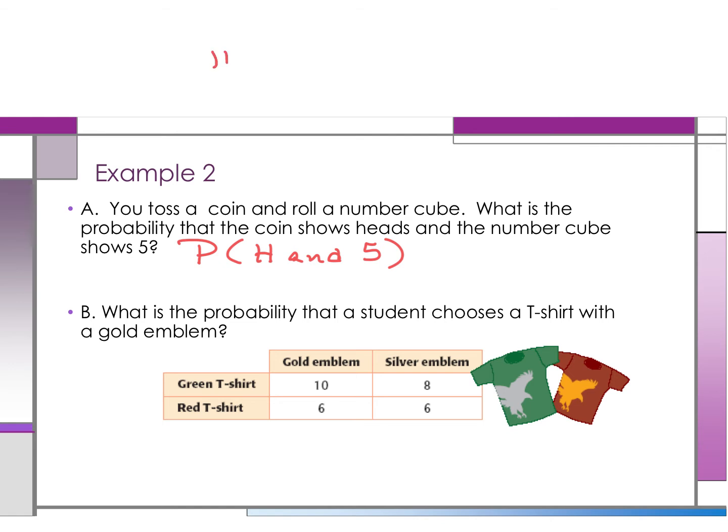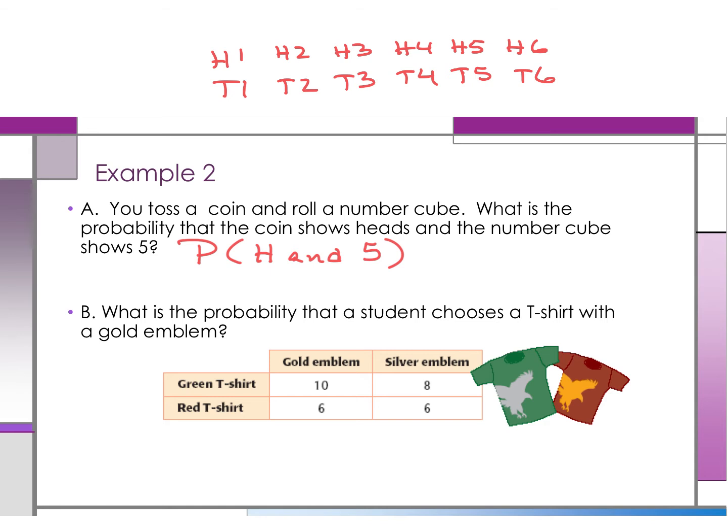It's either a head or a tail, but then we have to also incorporate the number cube. So we know we can either get a head and a 1, head and a 2, 3, 4, 5, and 6. And then the same outcomes here when I flip and get a tail. And you can count them, and there is a total of 12 different outcomes.